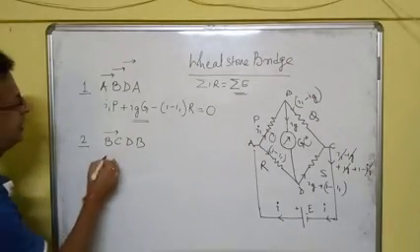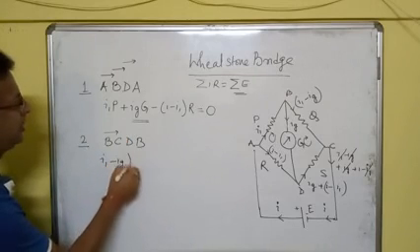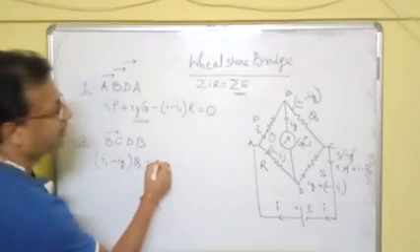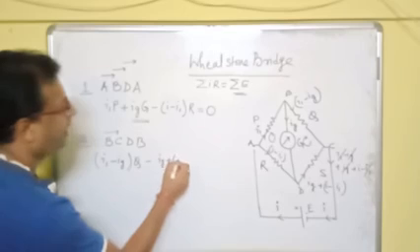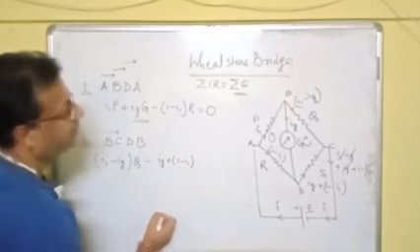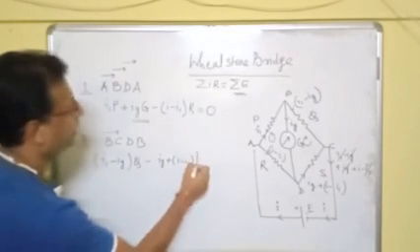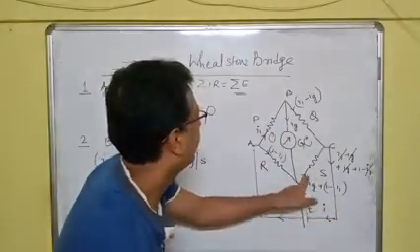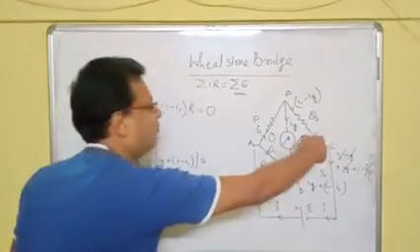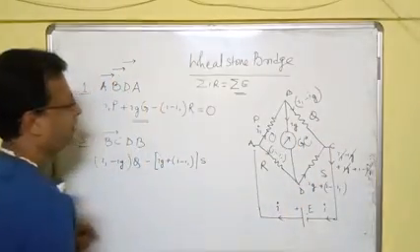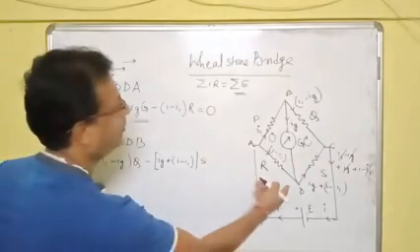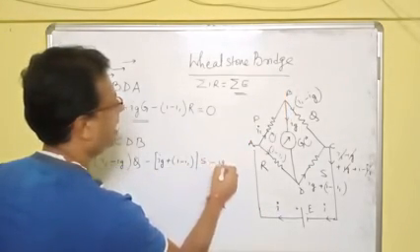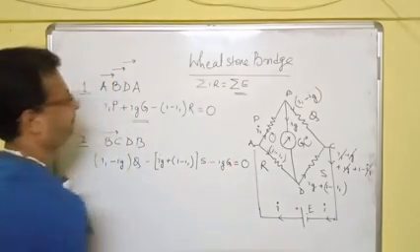If we move from B to C, (I1 minus Ig) into Q is positive, then minus (Ig plus I minus I1) into S. This is negative because we are moving from C to D, and the current is moving from D to C. And lastly, we are moving from D to B, and the current is moving from B to D. So minus Ig into G is equal to 0.